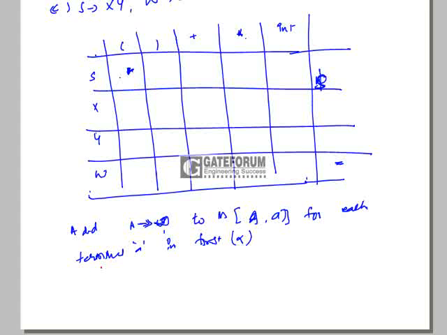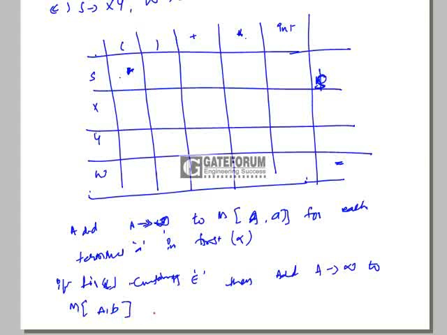If first of alpha contains epsilon, then add A gives alpha to M of A comma b for each terminal b in follow of A. This is the algorithm for constructing the LL(1) parsing table.